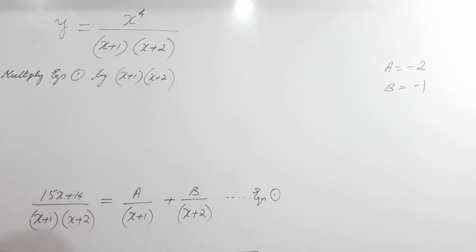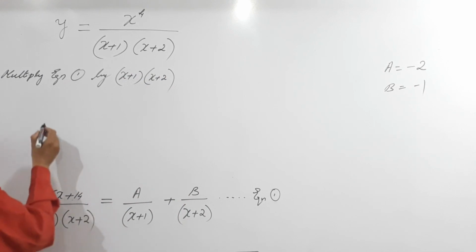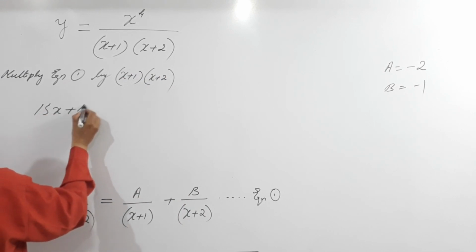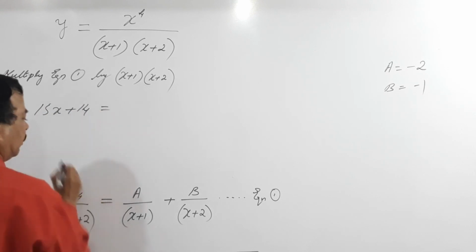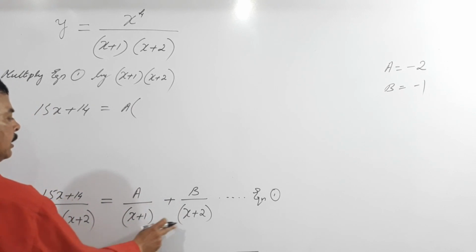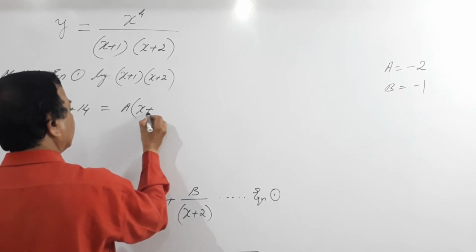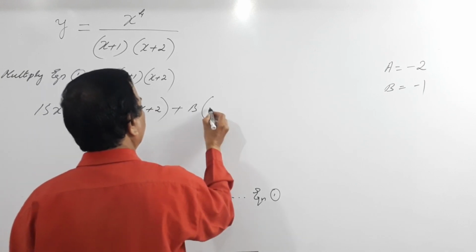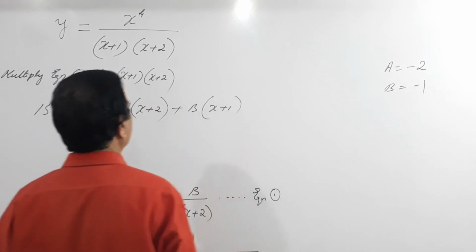What happens on the left hand side? This gets cancelled, we get 15x + 14 equals a into (x + 2) plus b into (x + 1).